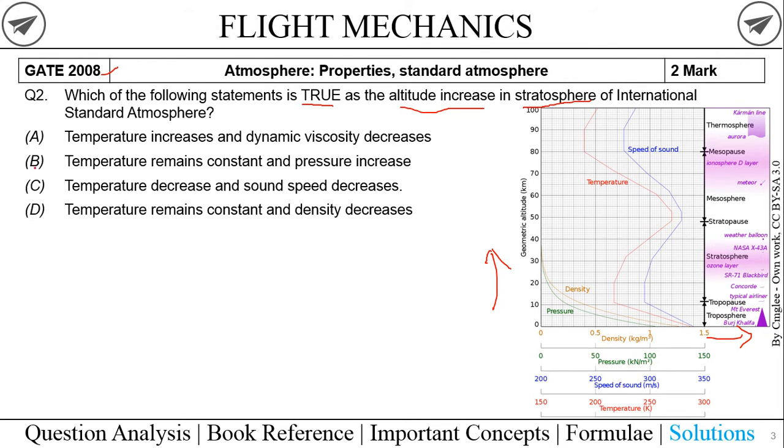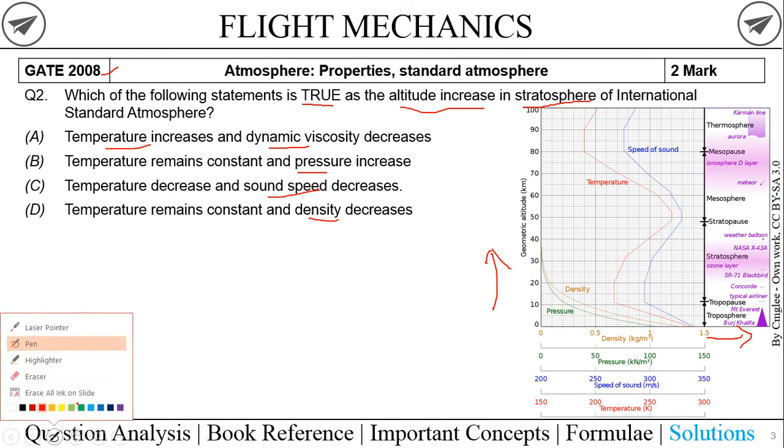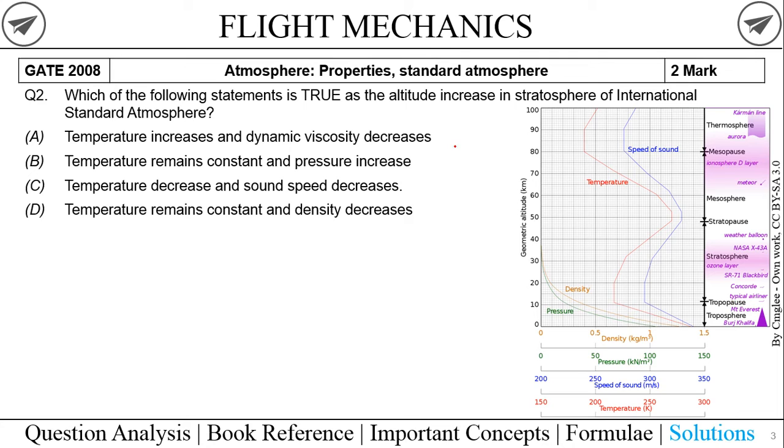Now the parameters which they have discussed are temperature, pretty much the same in all the options, and dynamic viscosity, pressure, speed of sound, and density. So they have basically talked about five different properties of the atmosphere, and one particular point of interest is the layer which they are talking about, the stratosphere.